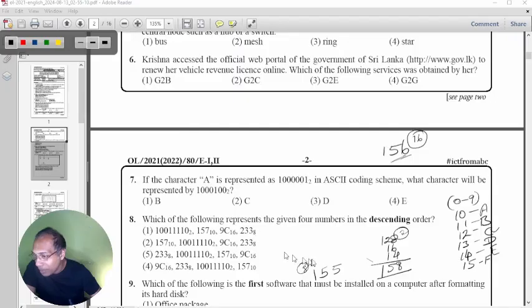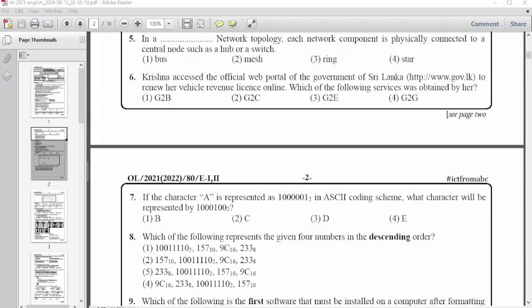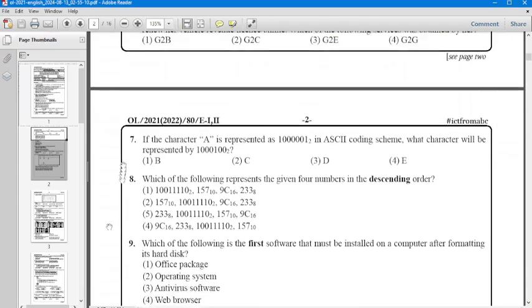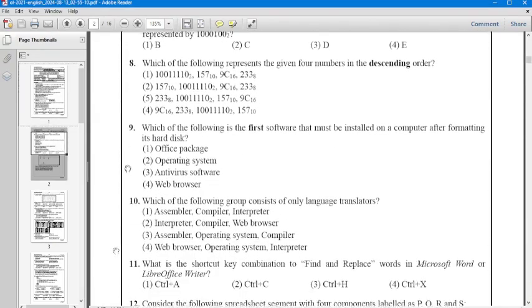And finally octal 155. So here we go, that's the right answer. For that you will need to spend a bit of your time. So that is why it's important to get the other questions done as quickly as possible.